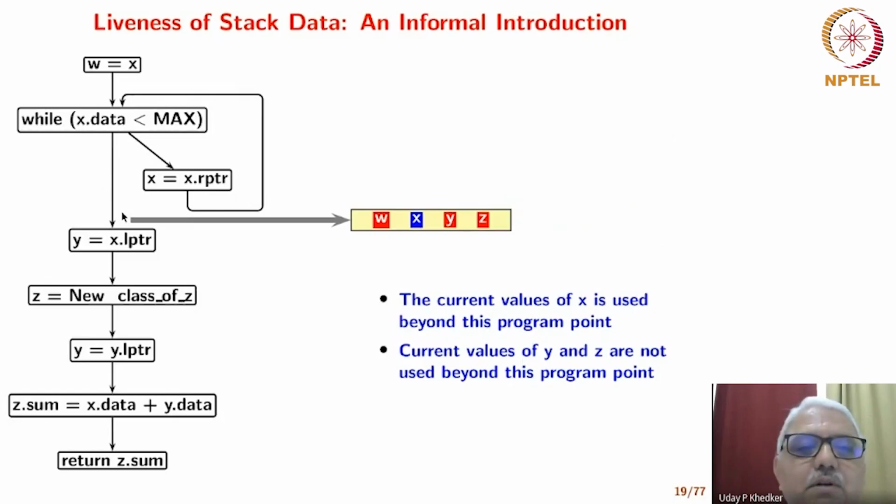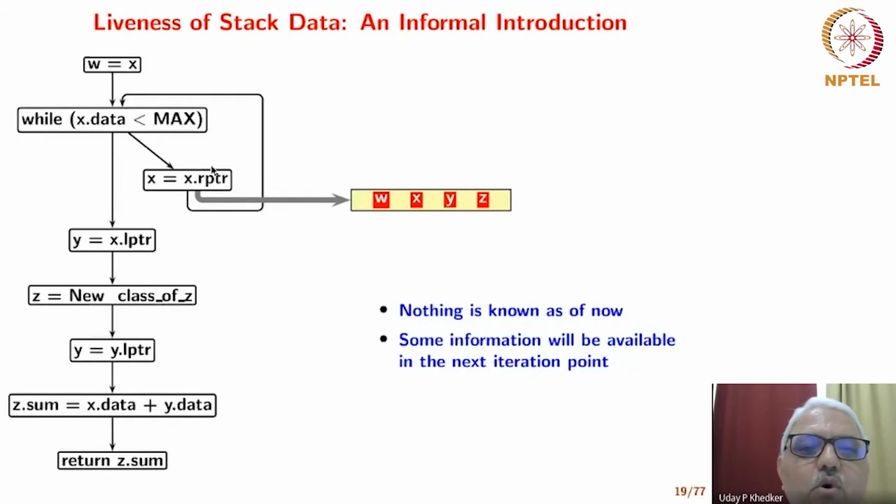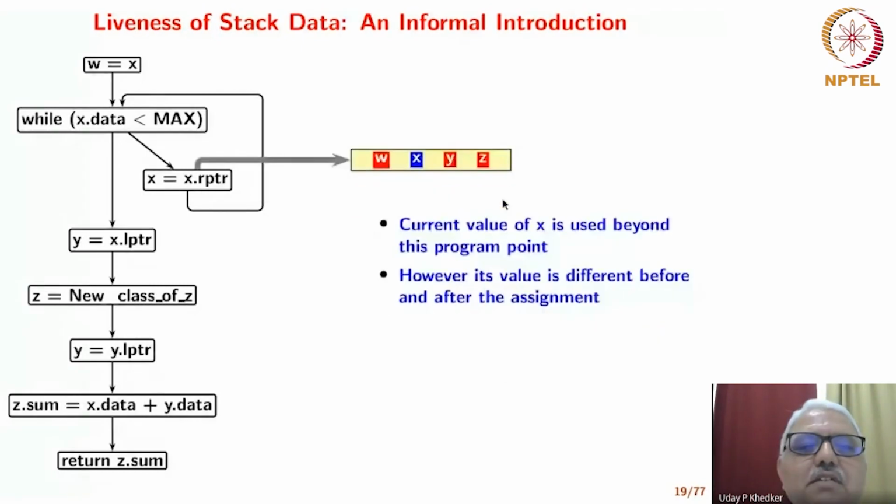Now, in order to perform analysis of this statement, which is in a loop, what we do is we assume that all variables are dead, and we will justify why this is the assumption and why this is a valid assumption. So we assume that all variables are dead, and then we find out what will be live, and we discover that X is live here. Everything else is dead because X is being read in this particular assignment.